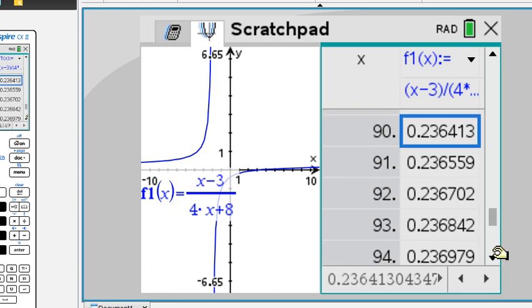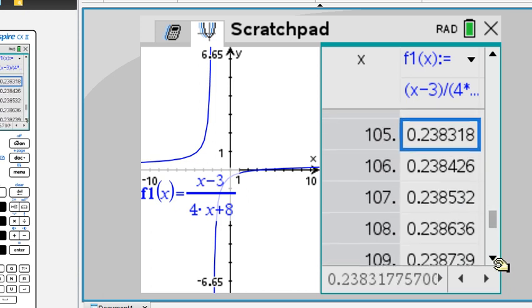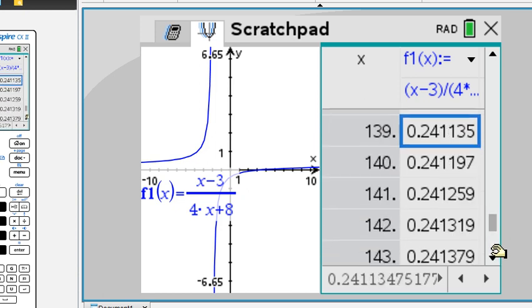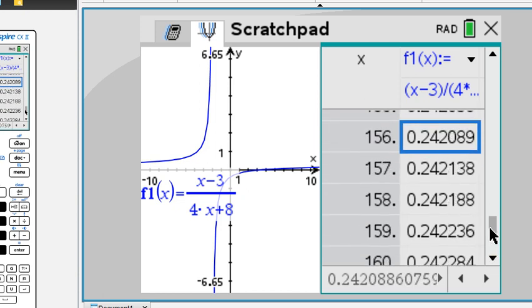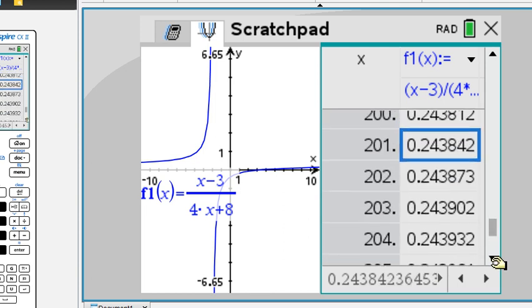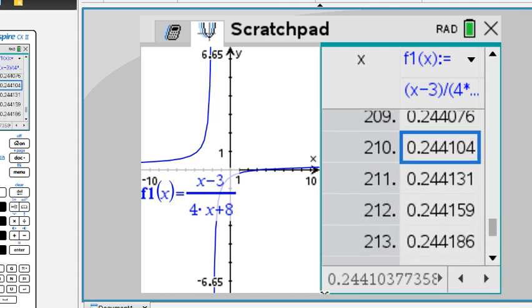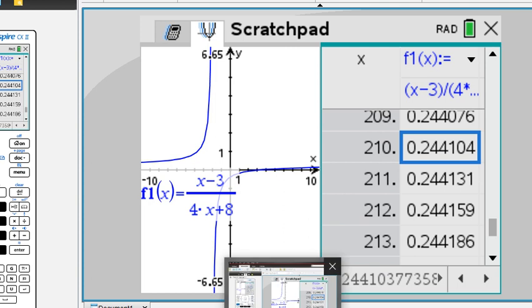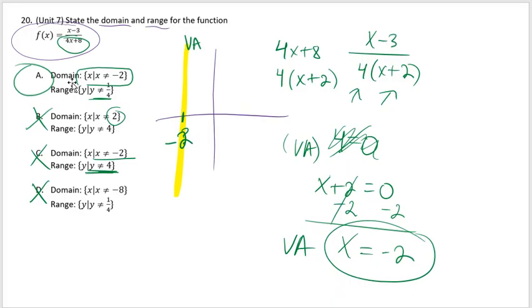So they seem to be approaching 0.25. Notice how we're now at x being 108, and this is still approaching 0.25. So definitely this confirms that as x increases, we are approaching 0.25 as the y value, which is 1/4, which is where your asymptote will exist. And that's why A is the answer.